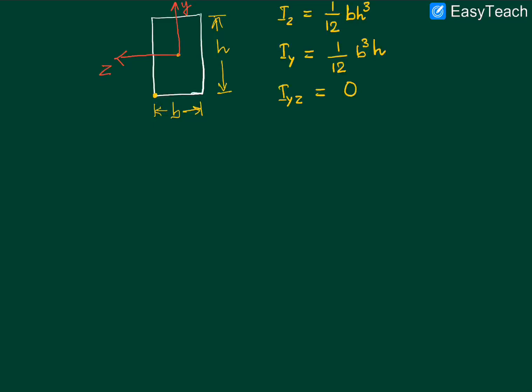So what I'm saying is that if we have a rectangular cross section like this, and we have our z-axis and y-axis in this fashion, then what would be the values of Iz, Iy, and Iyz?